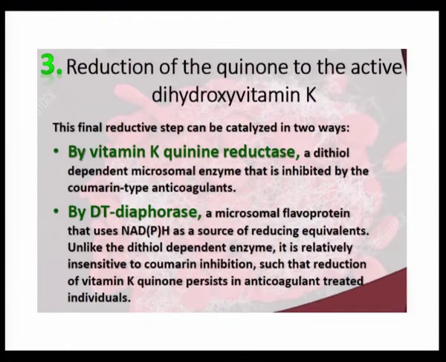If you recollect, vitamin K gets converted into the quinol form, and the quinol form, when it catalyzes the carboxylase reaction, ends up as an epoxide form. Now the epoxide has to be converted back, and that's the step of quinone reductase, followed by DT-diaphorase, which would ensure complete conversion.